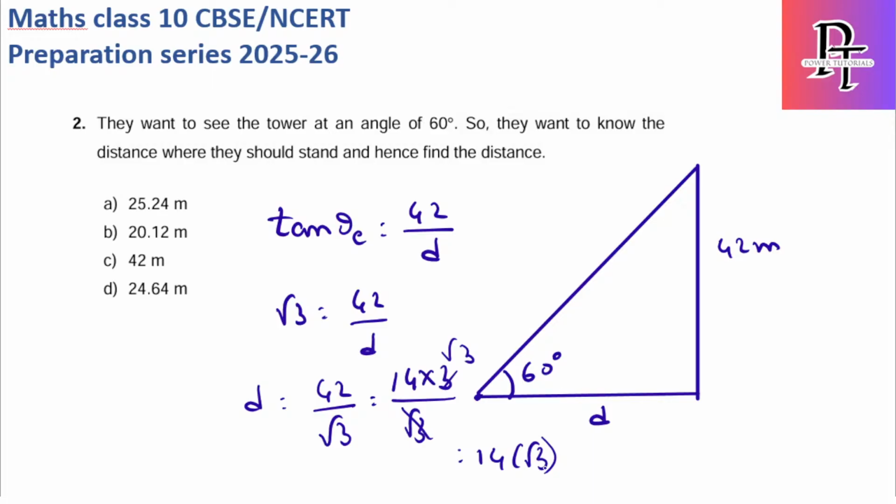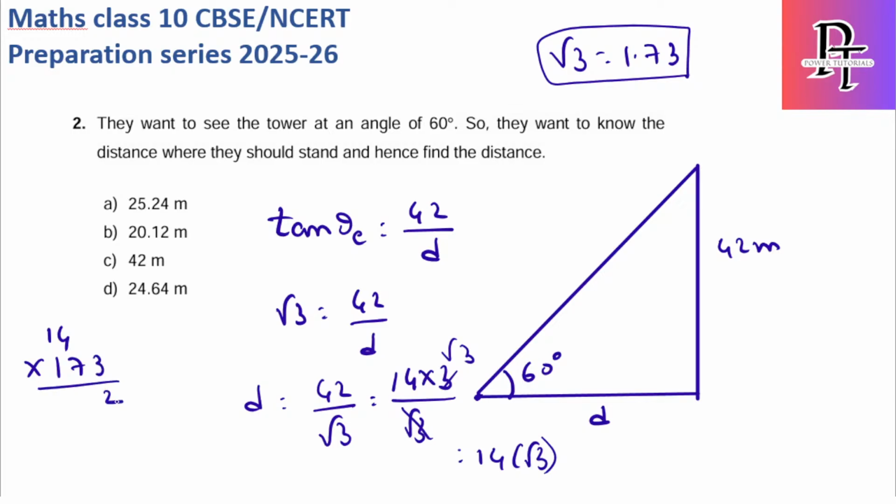In the question, if they haven't mentioned, always prefer to use root 3 as 1.73, it will be sufficient. Now let's substitute 1.73 and calculate 14 into 1.73.